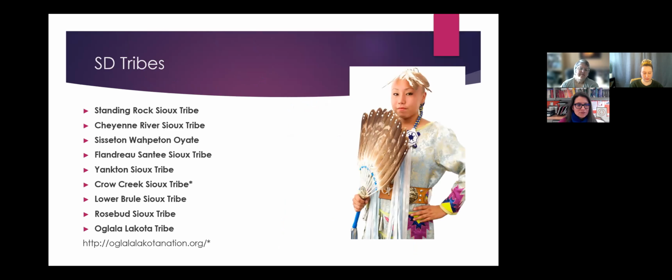And South Dakota tribe overview: Standing Rock, Cheyenne, Sisseton, Wahpeton, Oyate, and then Flandreau, Santee Sioux tribes, as well as Yankton, Crow Creek, Lower Brule, Rosebud Sioux tribe, and the Oglala Lakota tribe.